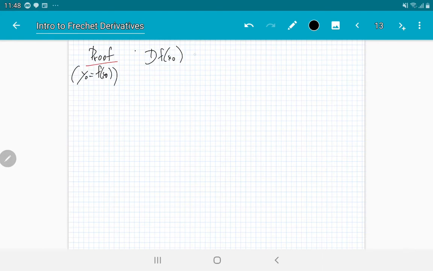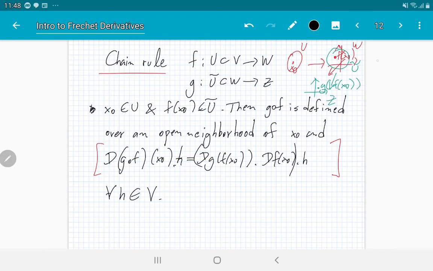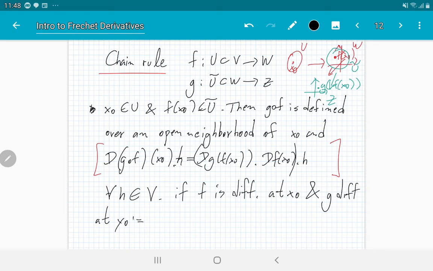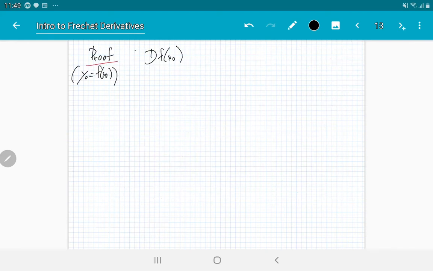And I should have said here, when I say differentiable, I'm always going to mean Fréchet differentiable: f differentiable at x naught and g differentiable at y naught, which is equal to f of x naught.